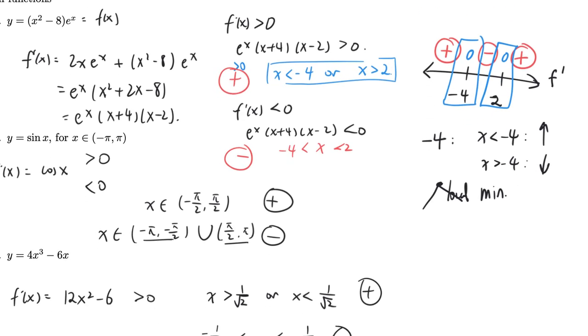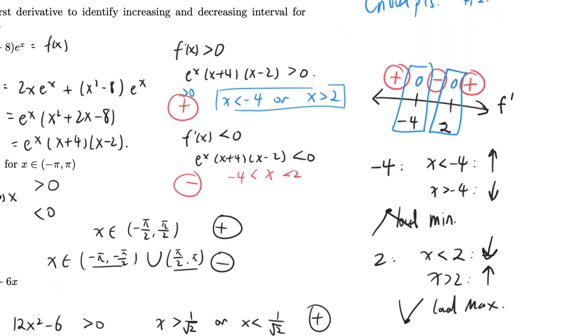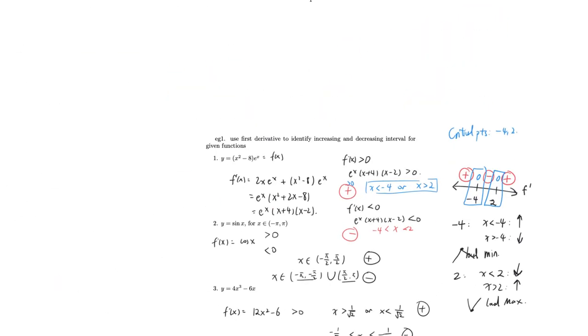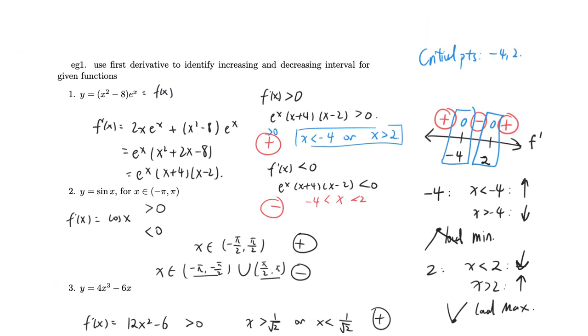At x equals 2, for x less than 2, we have decreasing. For x greater than 2, we have increasing. Then this would be a local minimum, right? And are these all our local extrema? Yes, because there are no endpoints. So we've considered all the critical points, and these are these two.